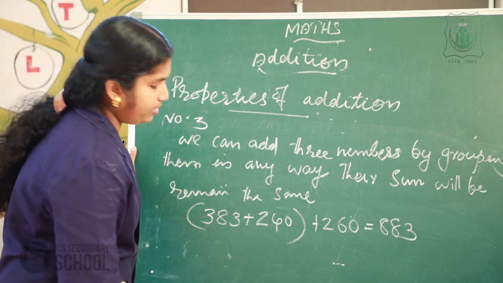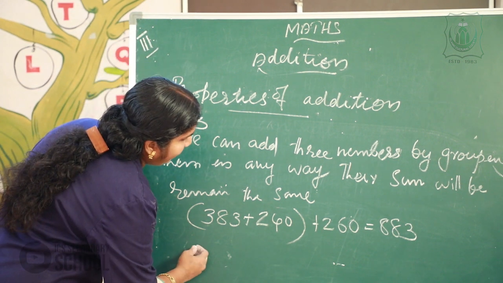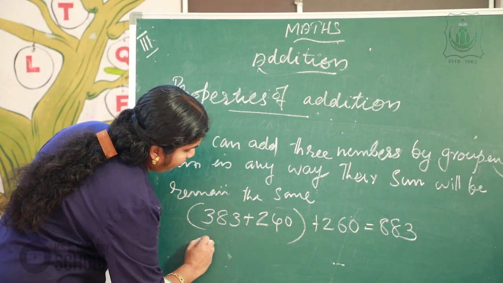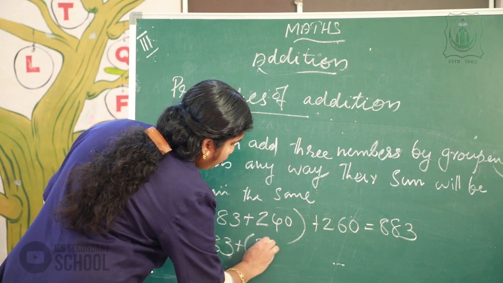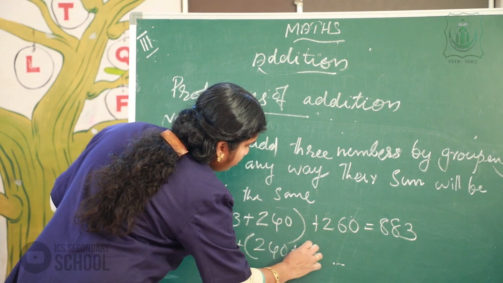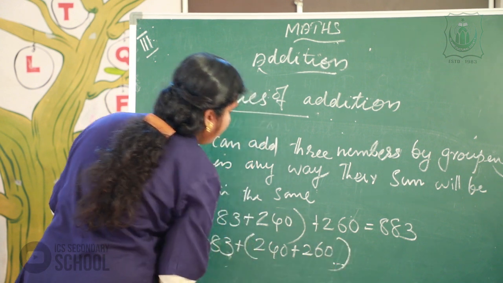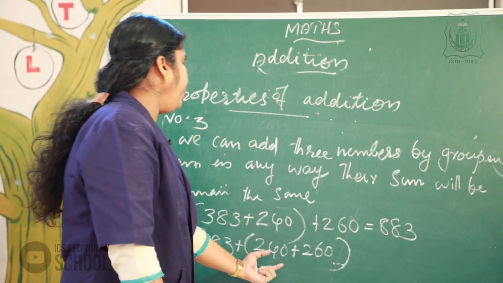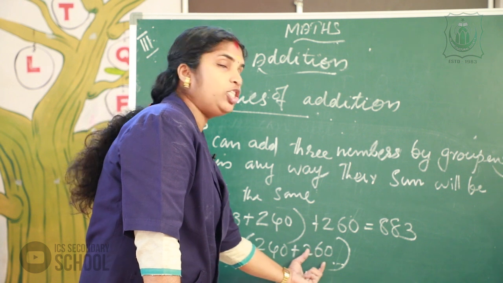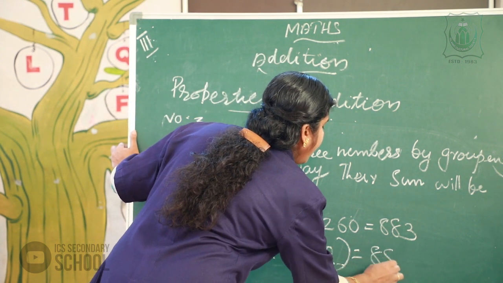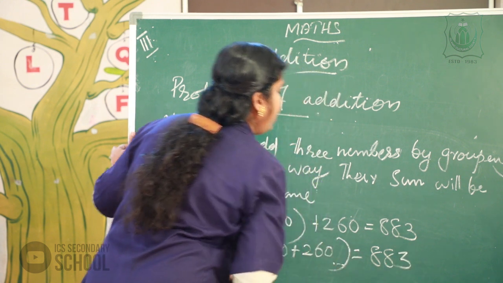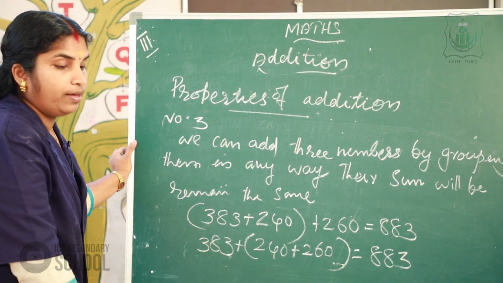Next, the grouping arrangement is changed: 383 plus, then 240 plus 260. Here the grouping numbers are 240 plus 260. Here also we get the answer 883.